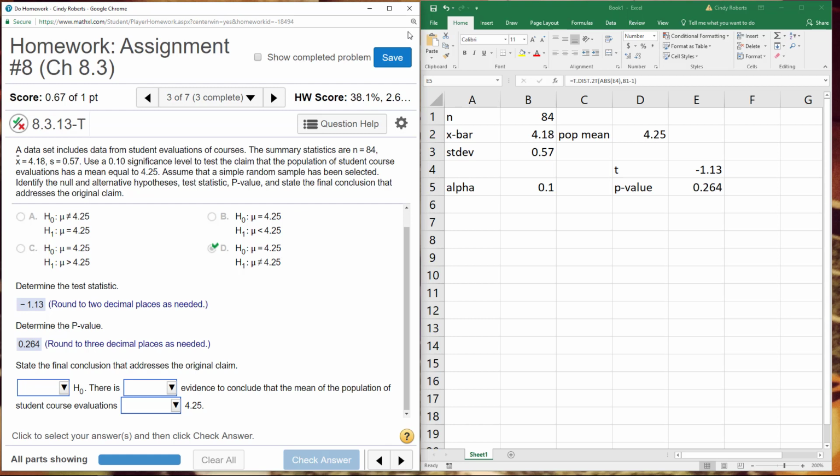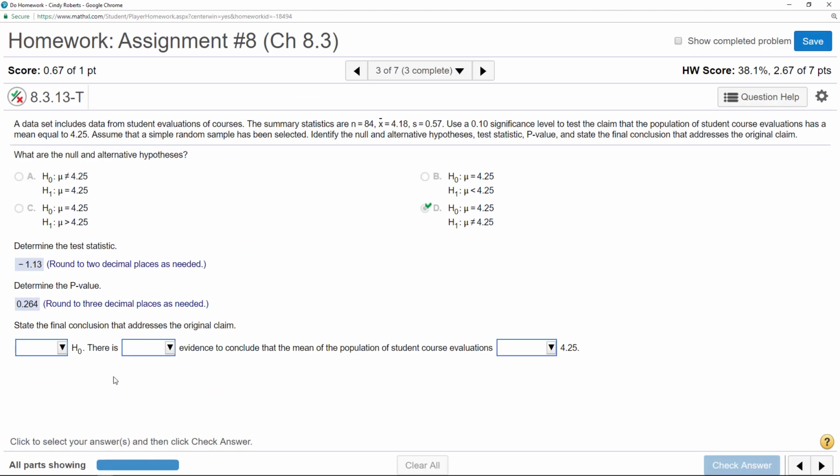And now it says, tell me what to do. So in this case, my conclusion is found by looking at my p-value and comparing it to my significance. If the p-value is greater than the significance, that's a high probability, so I really can't see any reason to reject the null because my p-value is high.